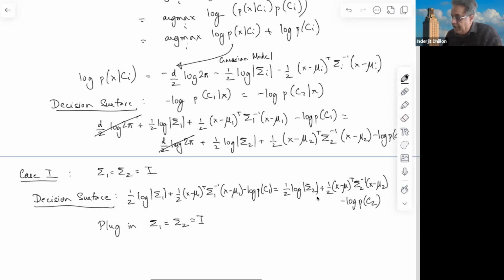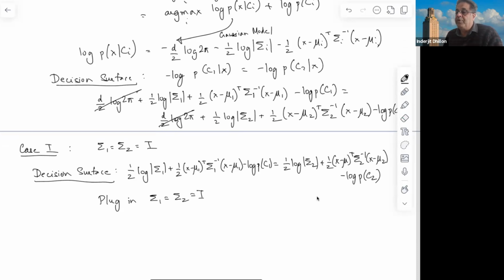Okay. Now, if I plug in sigma 1 equal to sigma 2, the determinant of the identity is 1, so I'll get 0 over here, and I don't need to worry about that. I'll get 1/2 (X minus mu1) transpose, and sigma 1 is now the identity, so sigma 1 inverse is the identity.